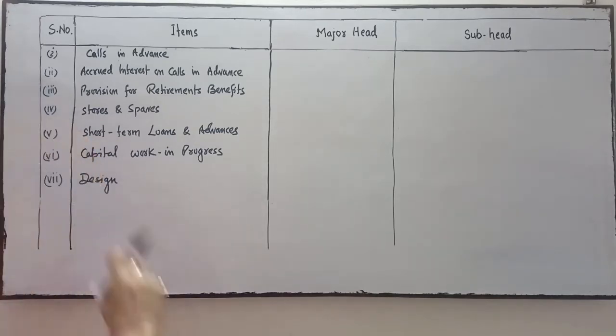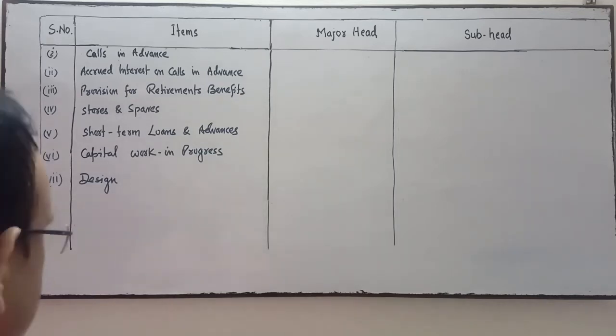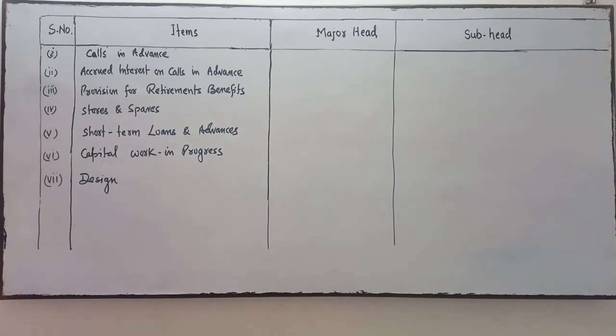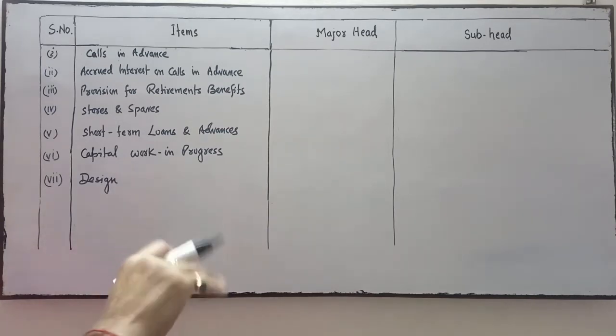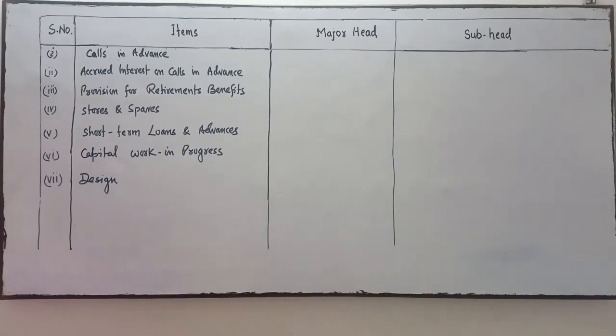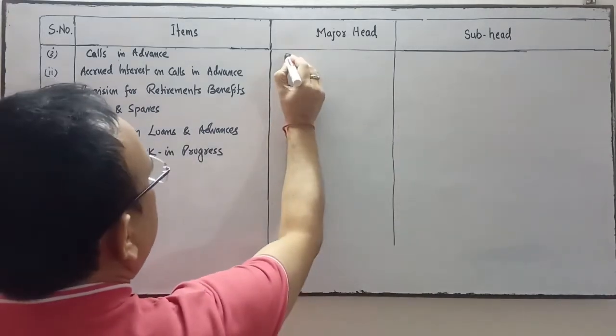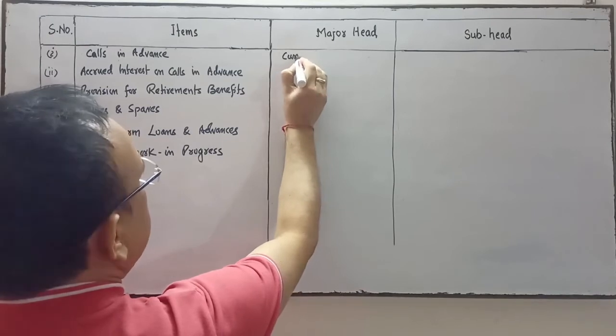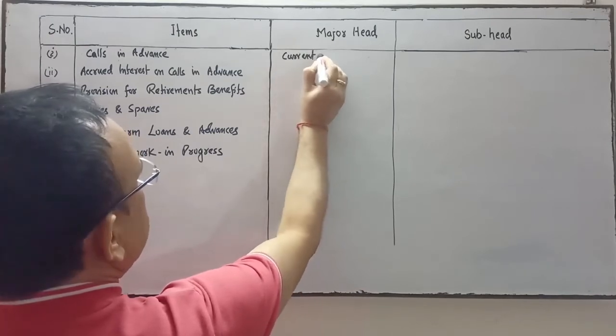First one is calls in advance. Calls in advance comes under which heading? This is very important. For calls in advance, we have to return the money or adjust the money within a short period, so this comes under current liabilities.